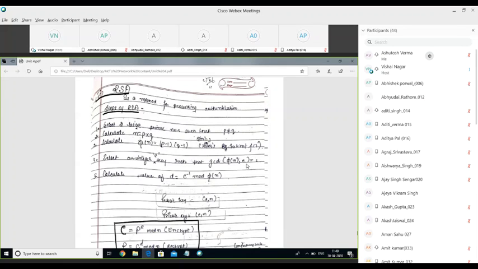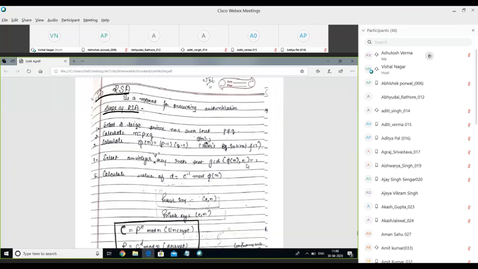Let me repeat what we are doing here. First we select two large prime numbers p and q. Then we calculate n, which is the product of p and q. After this, we find phi n, that is (p minus 1) into (q minus 1), defined as the Euler Totient function. Now we select an integer e.